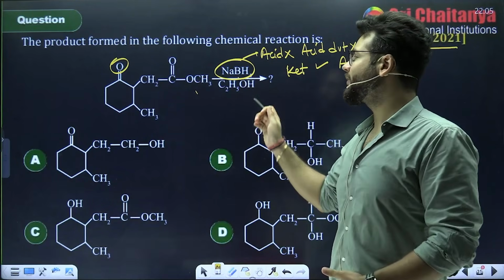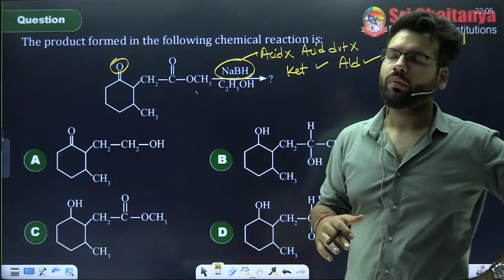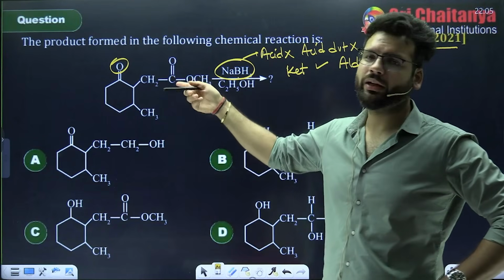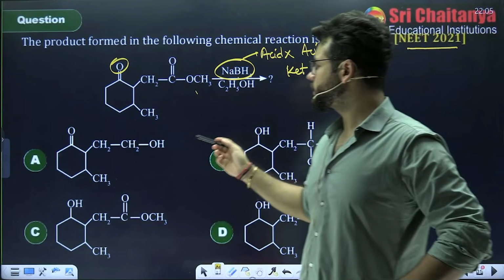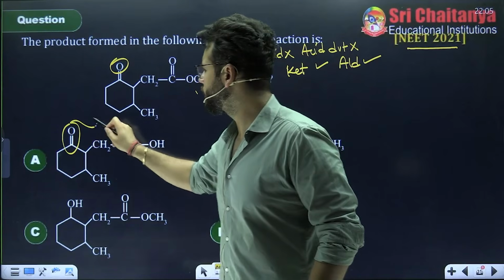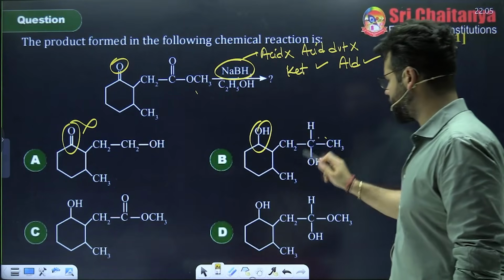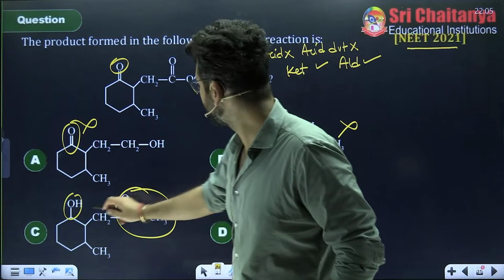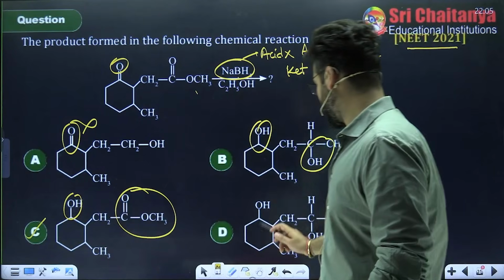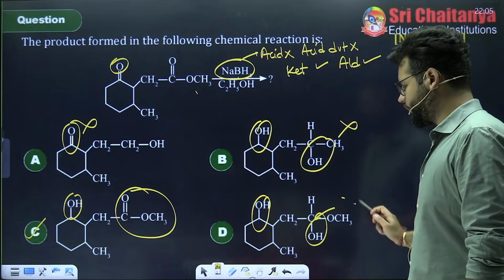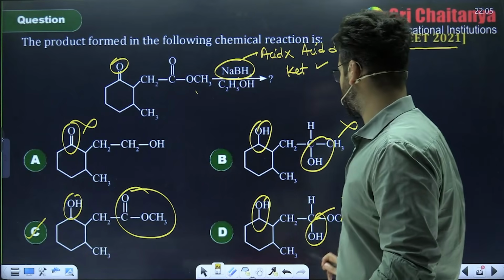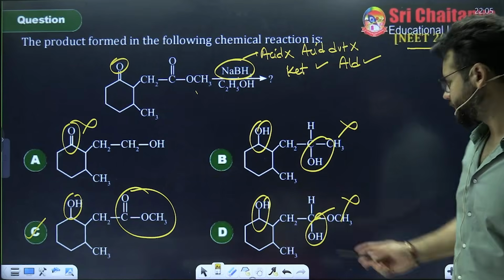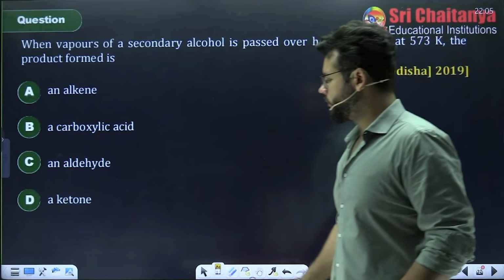They did not give any hydrolysis. If hydrolysis was given, I would have converted this into carboxylic acid, but they didn't give that. So let's only reduce the ketone. This is right, but this is wrong. This is absolutely right. So we get our C option as the final answer, C. Moving on to the next one.